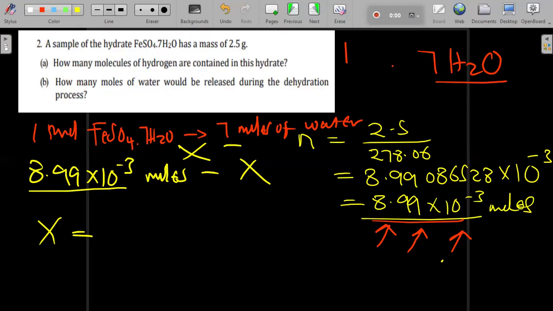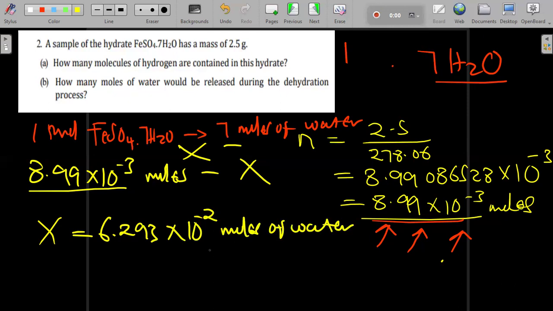Seven multiplied by that, we are going to get 6.293 multiplied by 10 to the power minus 2 moles of water. So this here is our answer. Any questions there?